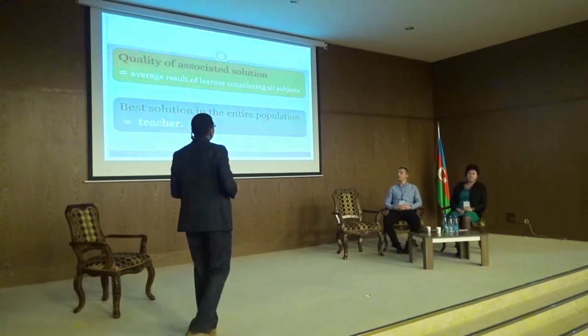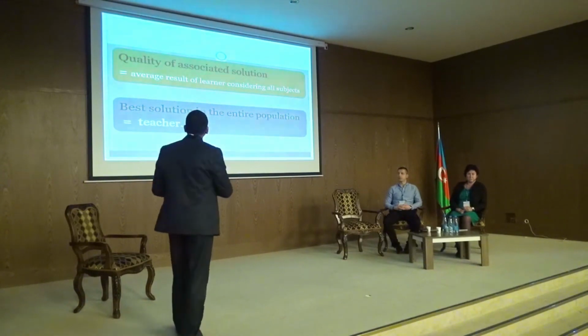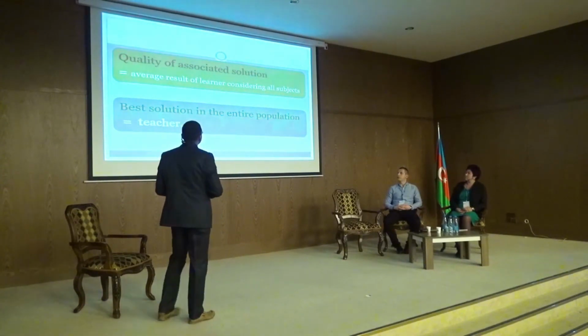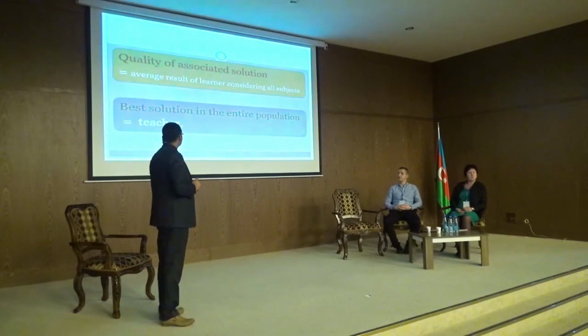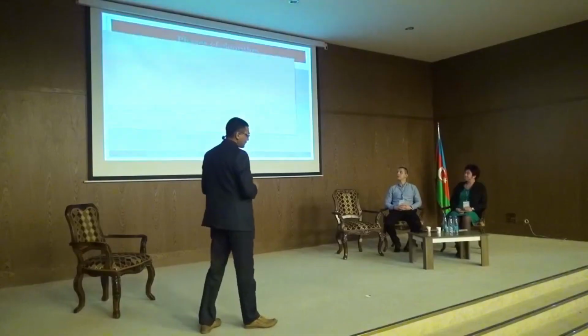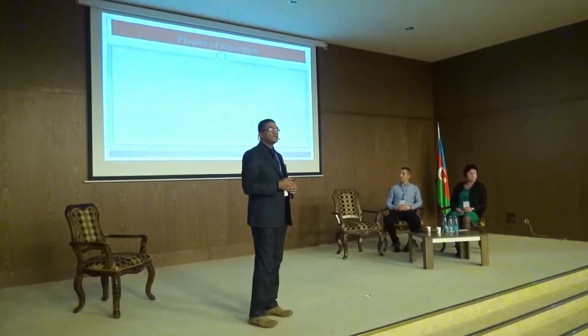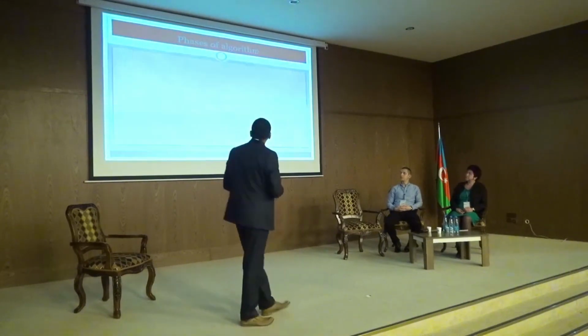The quality of the solution will be given by the average results of the learners considering all subjects. The best solution will be the element which attains the maximum score, which we call the teacher. This algorithm runs in two phases, a teacher phase and a learner phase.